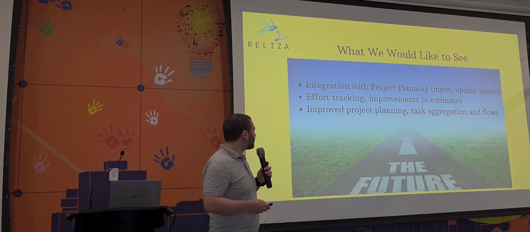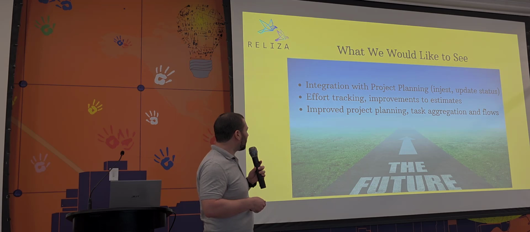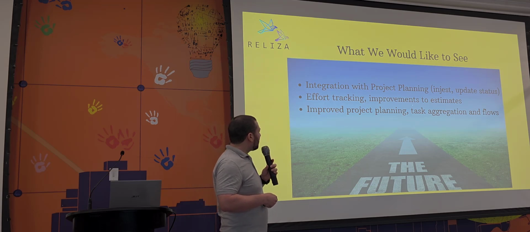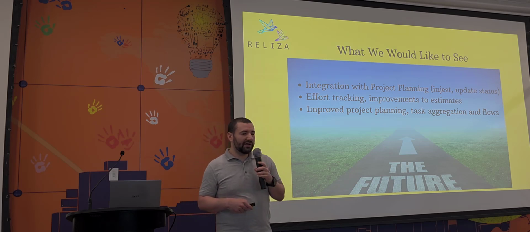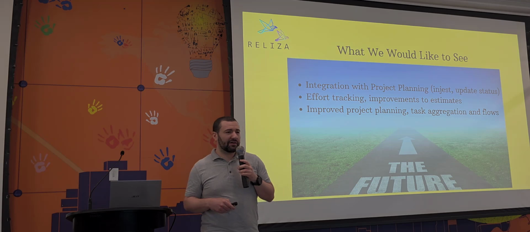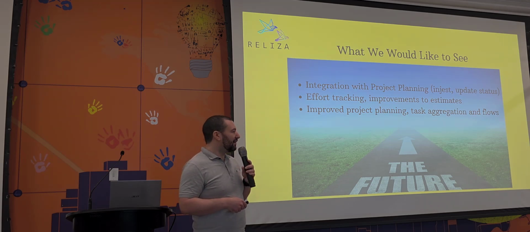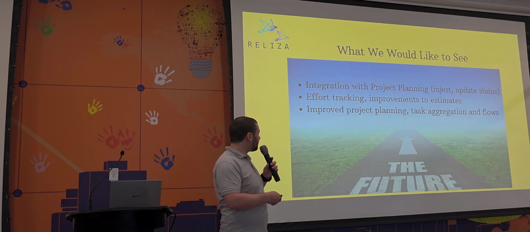That's a possibility. Then what I mentioned, tracking estimates. You can do some of this already, but I would like better documentation and a better sense of how more advanced task management can be done.